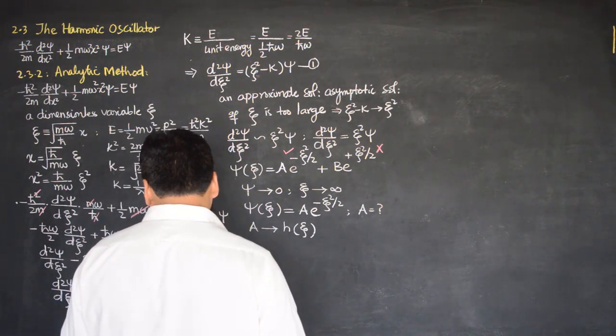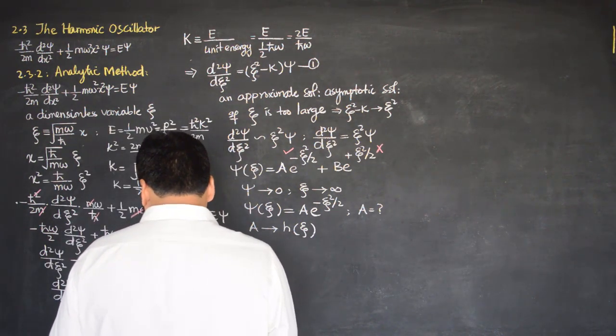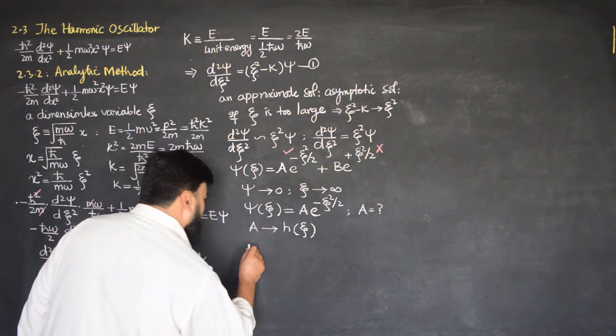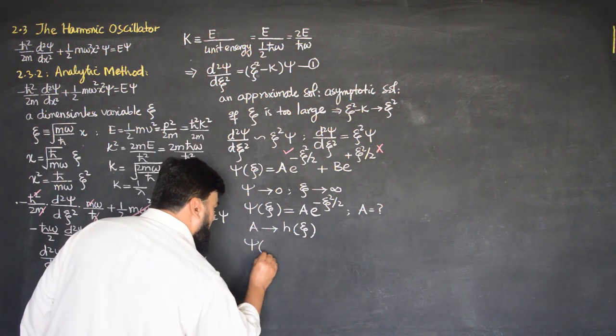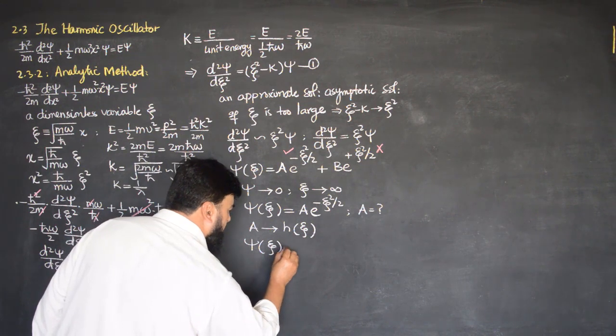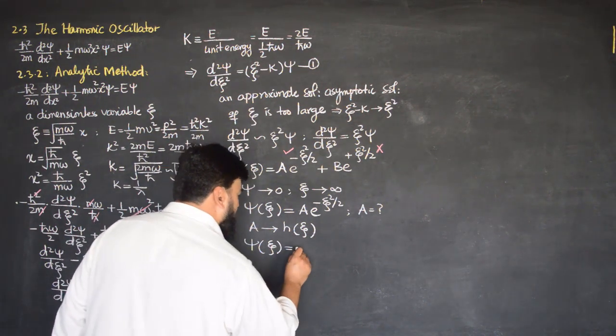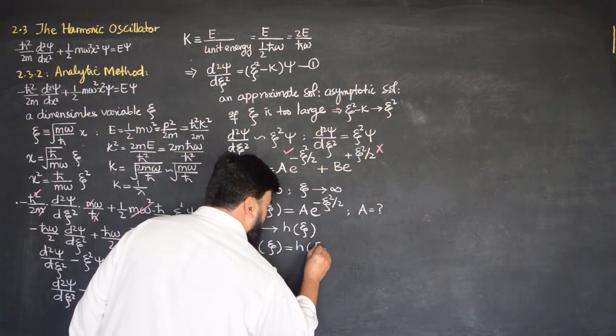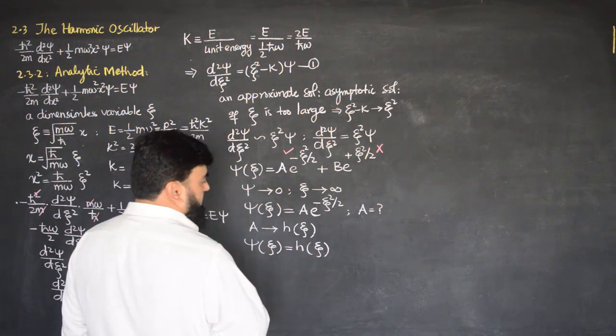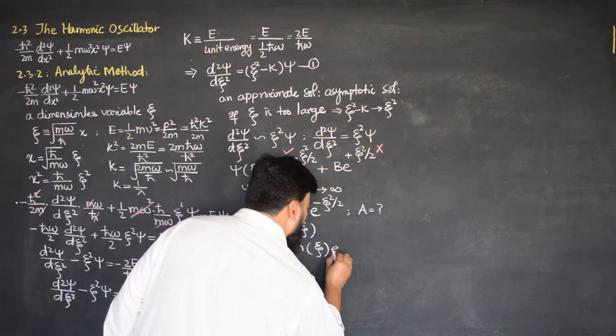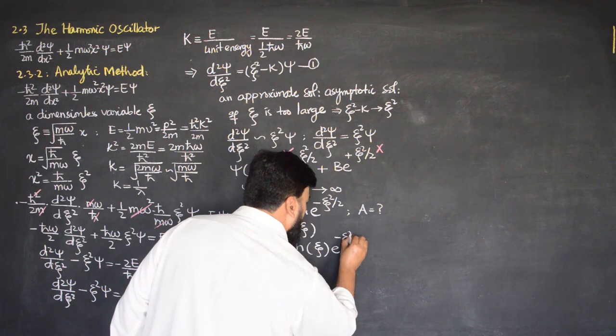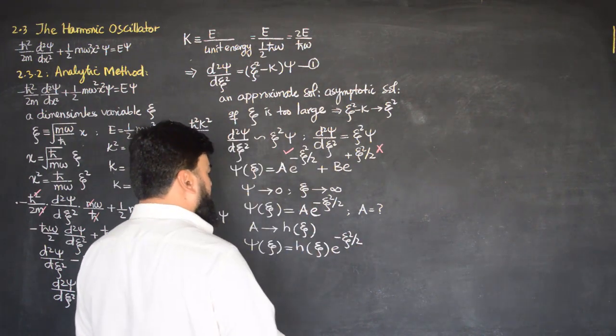So psi of variable xi is actually H of xi times e to the power minus xi square over 2.